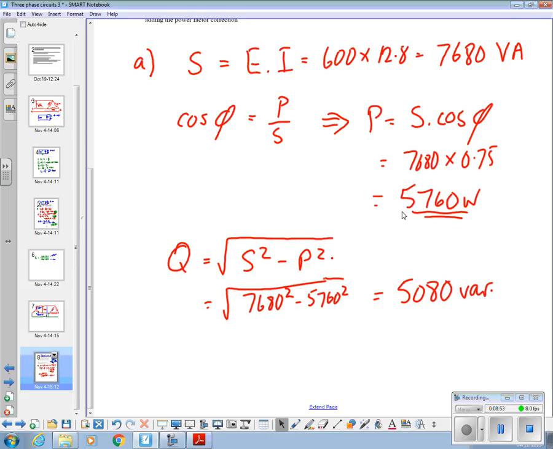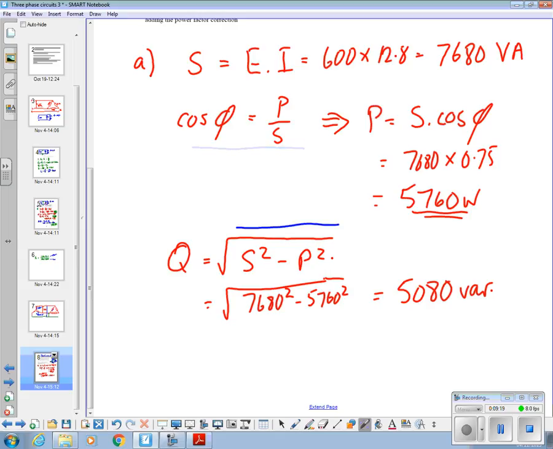If that's Q, that's the out of phase component of current, and if that's P, that's the in phase component of current. But this formula here is the basic power as voltage times current version of the power formula. This is basic trigonometry rearranged, and this is Pythagoras' theorem.